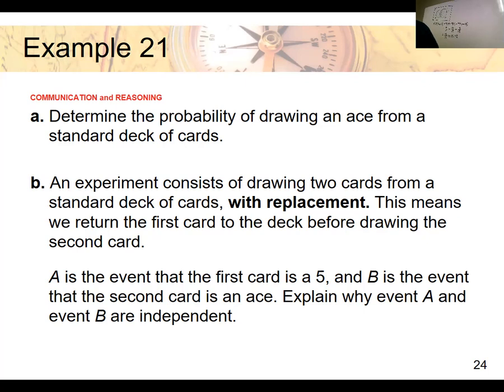Now let's say here A is the event that the first card is a 5, and B is the event that the second card is an ace. So why would event A and event B be independent?